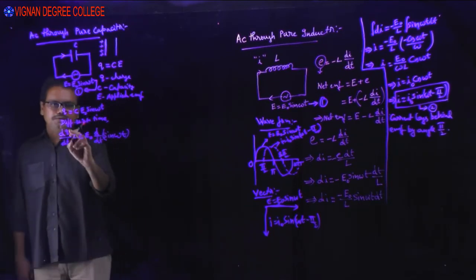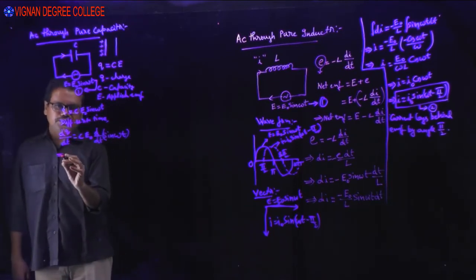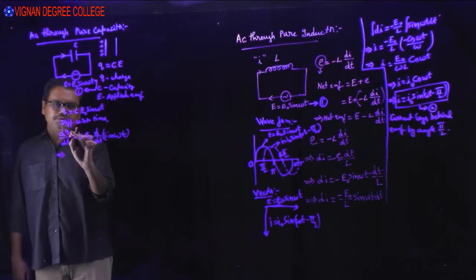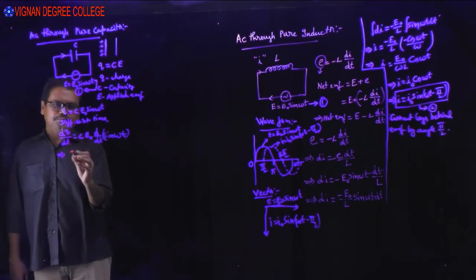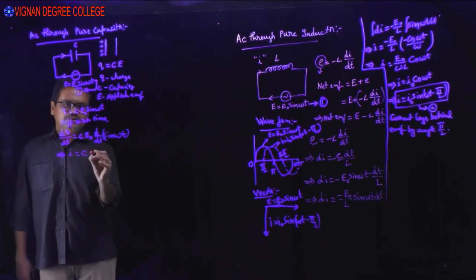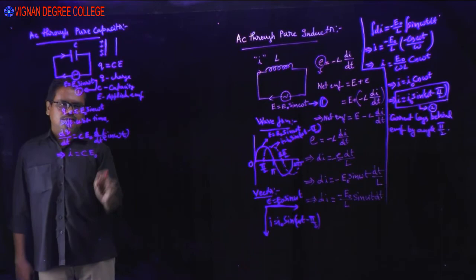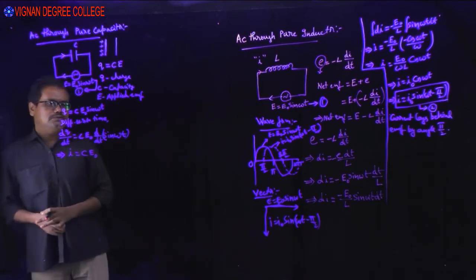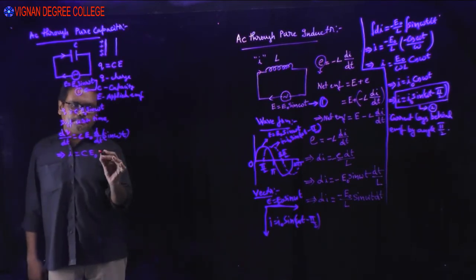Differentiation of charge with respect to time gives current I is equal to C into E naught into differentiation of sin omega t, omega cos omega t.